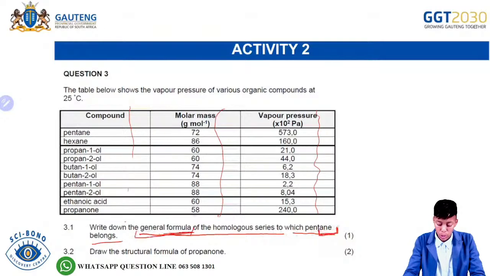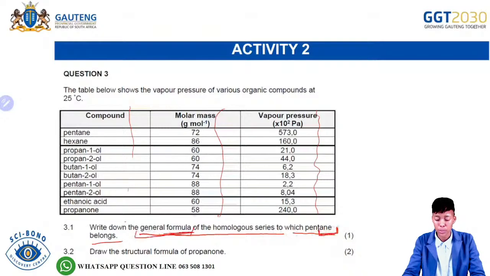So if we have an ane ending, what is the homologous series of pentane? It is therefore an alkane. So you need to write the general formula of the alkane.